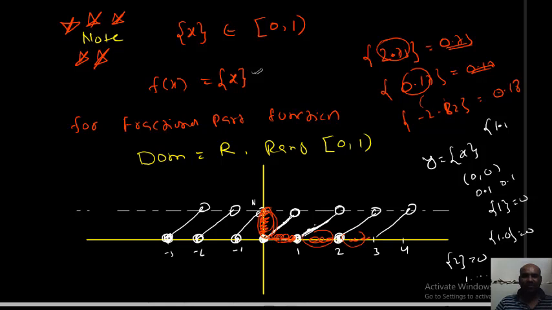From 0 to 1 we get these y values, and for 1 to 2, 2 to 3, minus 1 to 0, and minus 2 to minus 1 also those y values only. That's why the fractional part function is said to be a periodic function. Actually, this is an algebraic function.